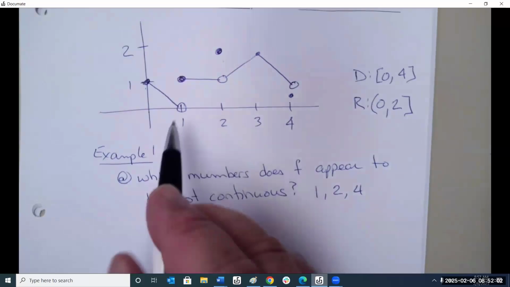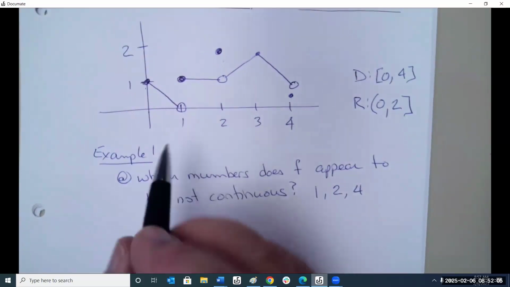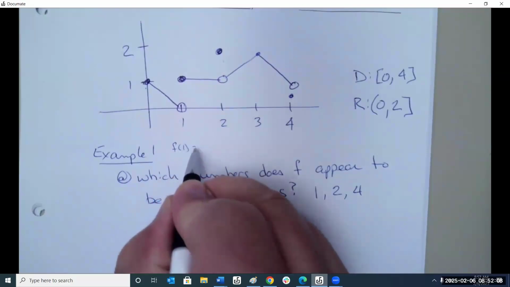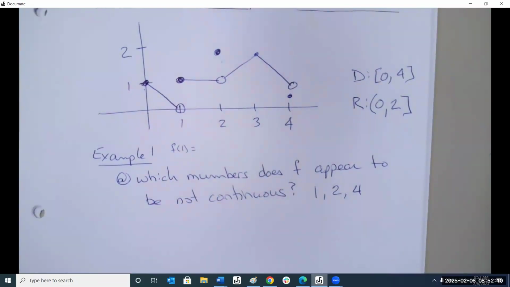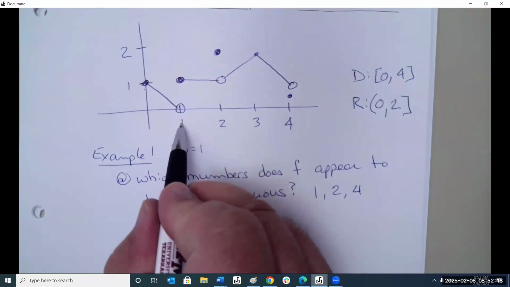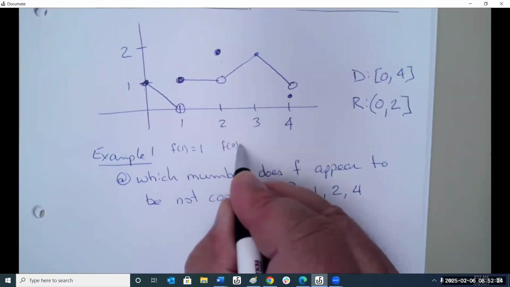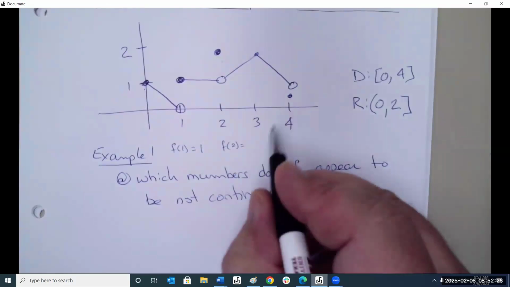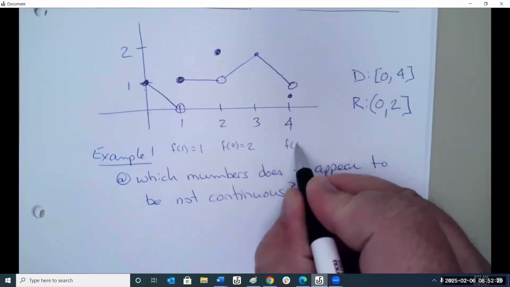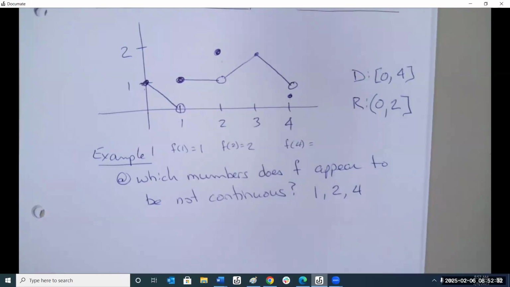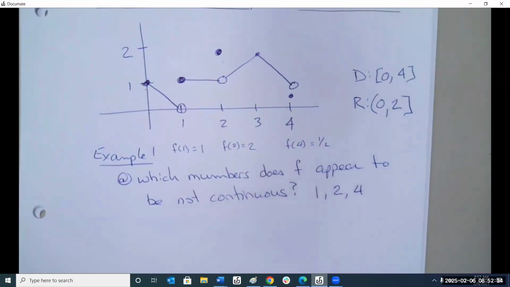At 1, well, what is f of 1? 1. At this value x, what's my y value? 1. At 2, what's my value there? 2. At 4, what's my value there? 1/2. So even though it doesn't look like it'd be continuous at those points, the values exist.